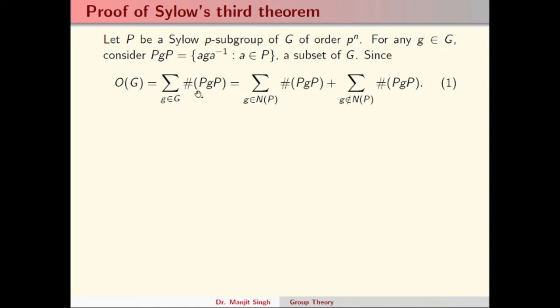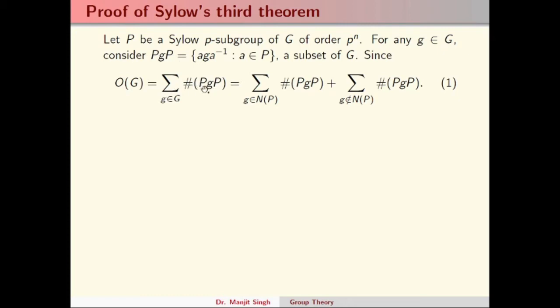So this sum of the number of elements of these classes varies over g belongs to G. Now there may be a situation when g belongs to N(P) and g does not belong to N(P). Students should note this point: G is a finite group and the sets PgP form a partition of G. Therefore G is covered by disjoint subsets of these types, and the order of G can be written as the sum of the number of elements of these subsets.